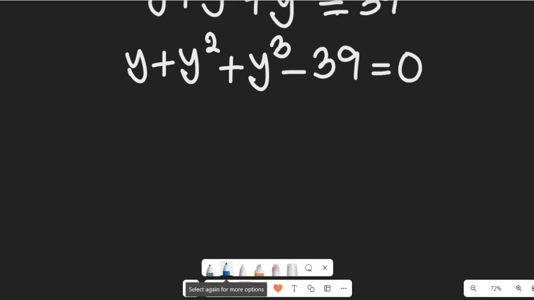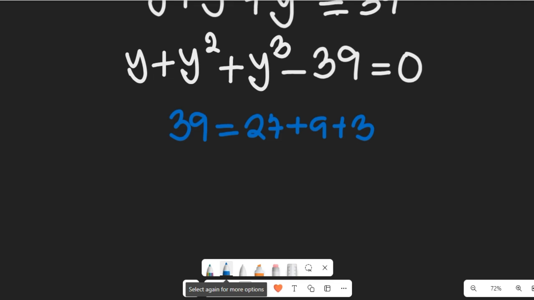Now from this expression, I can decide to split 39 to make it a bit easier for me. 39 can become a factor of 3, which will make the solution easy for me. That will give me 27, which is a factor of 3, plus 9 plus 3. Now if I add these three parameters, I'm going to have 39.